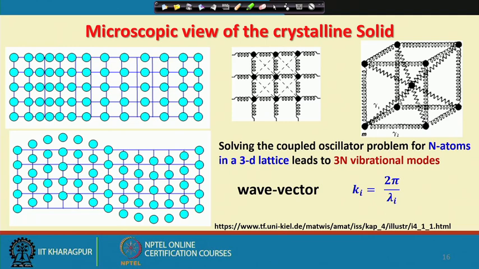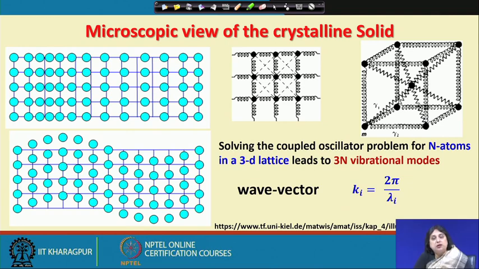And therefore, you can say that this particular solid, its microscopic states can be described in terms of 3n simple harmonic oscillators which are independent of each other.